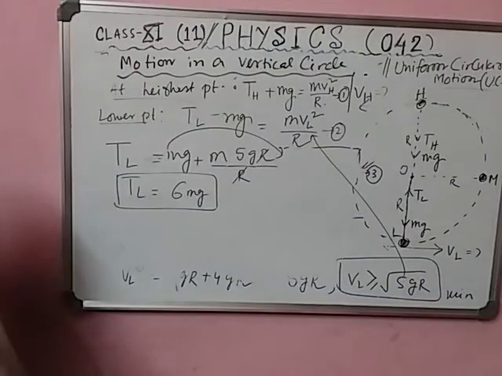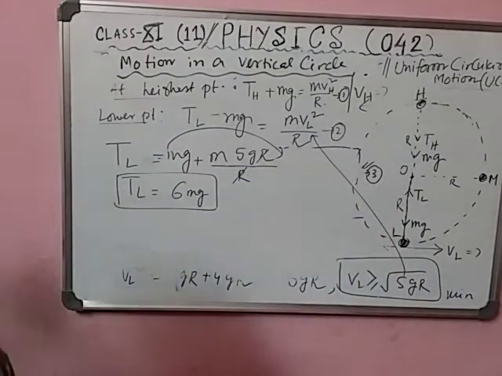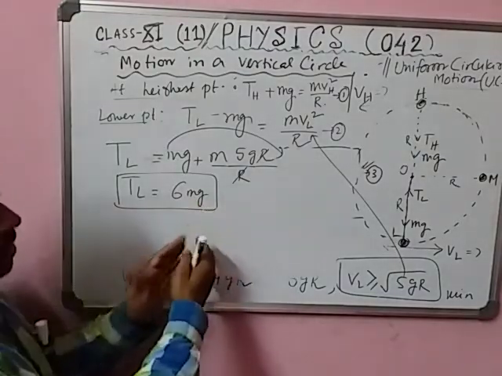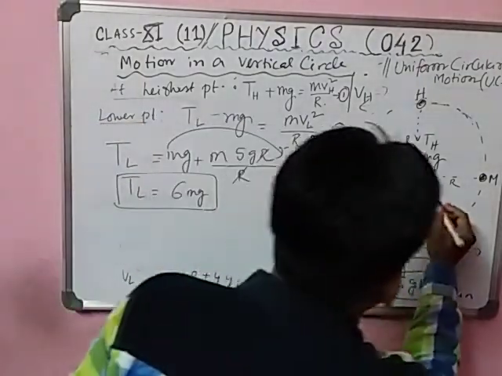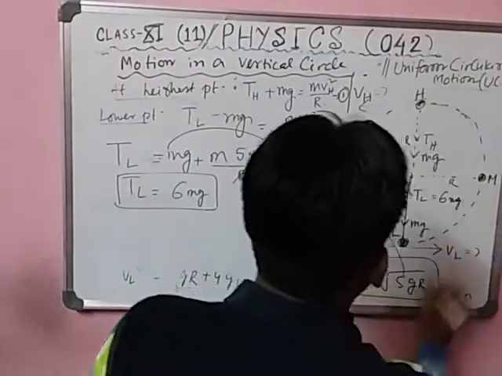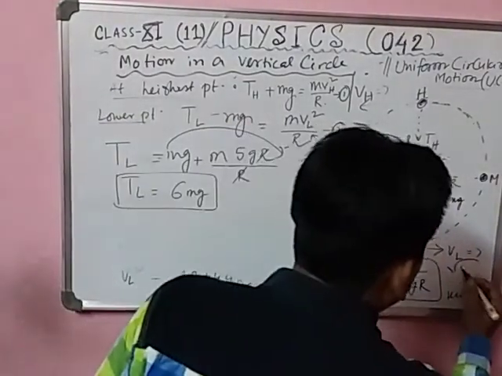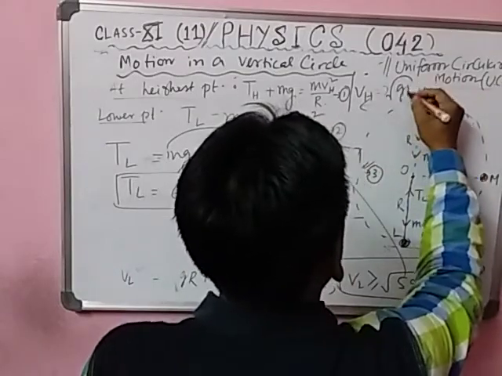The lower point tension is 6 times its weight, mg. So it's 6 times mg. So students, the minimum tension is 6 mg, the minimum velocity at the lowest point is root over 5gR, and the upper point velocity is root over gR.